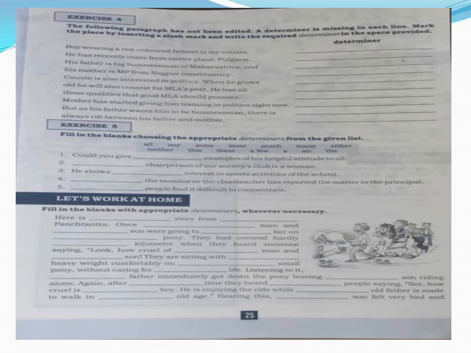Okay, see this here. Let us work at home. Fill in the blanks with the appropriate determiner wherever necessary. Here also there is a space given. So in the space we have to write a determiner, and determiners are missing there. Okay, so let's read one sentence. I will solve one sentence.